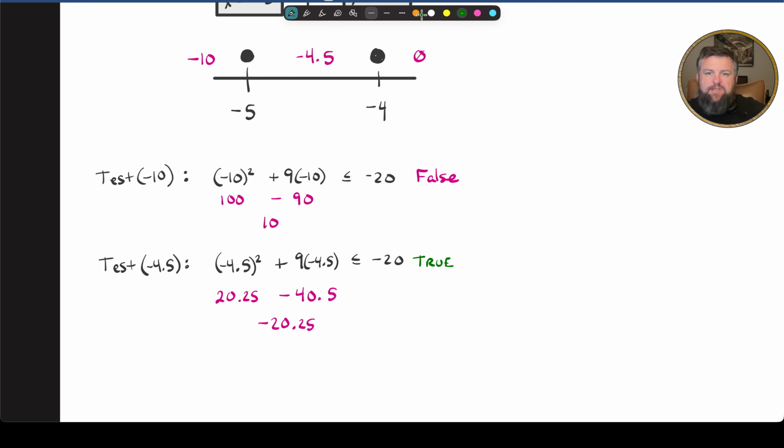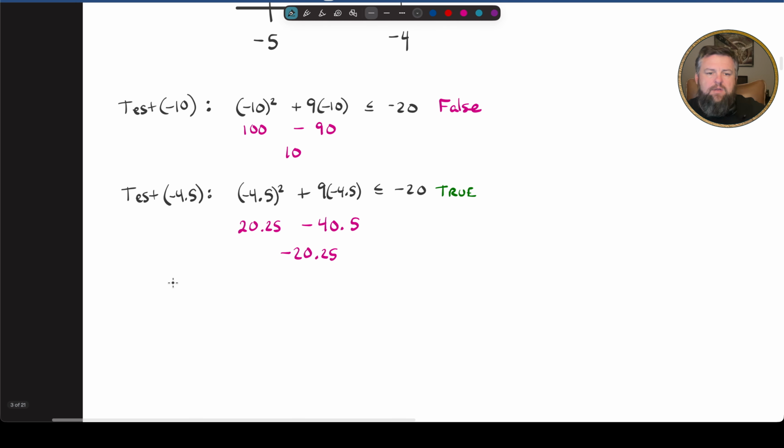And then finally, we'll test the last point, just for clarity here. The last one was 0. So we're going to go 0 squared plus 9 times 0. Is that less than or equal to negative 20?